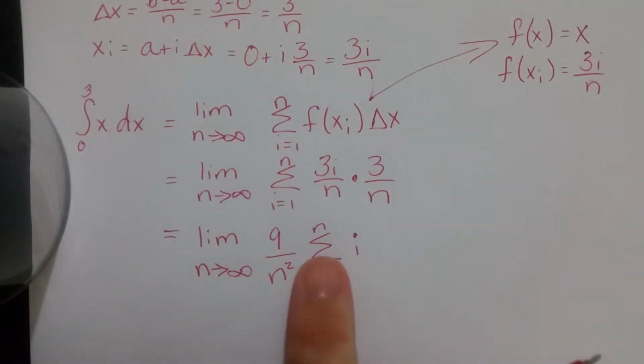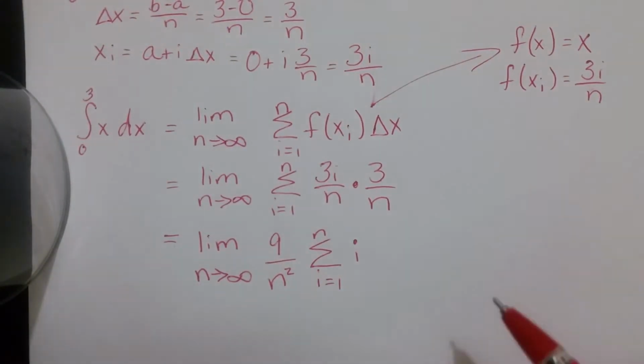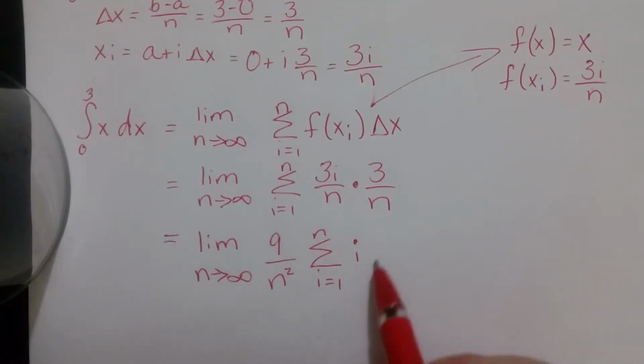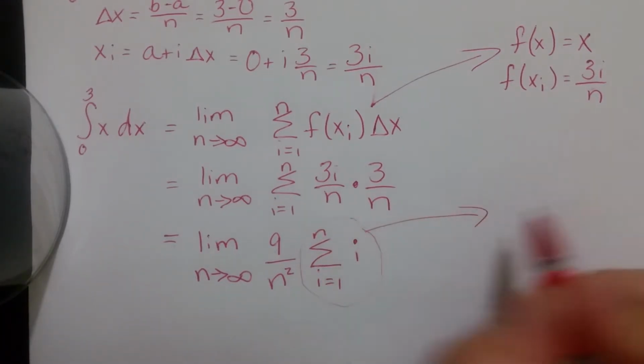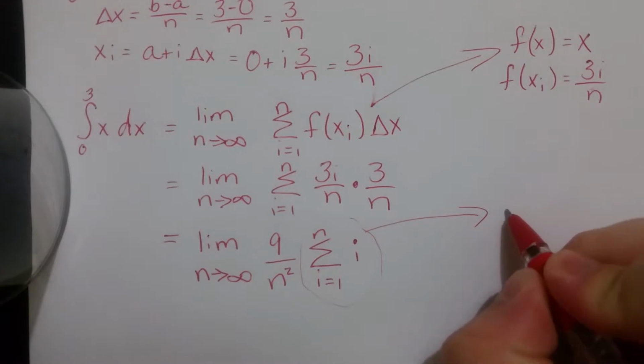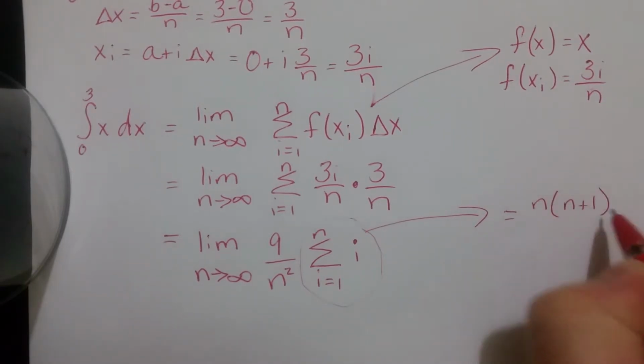Okay, this you can look in your textbook, but really you need to memorize these. But basically this thing right here, I'm going to just draw a circle around it. This thing, if you look in your textbook, it says that it equals n times n plus 1 over 2.